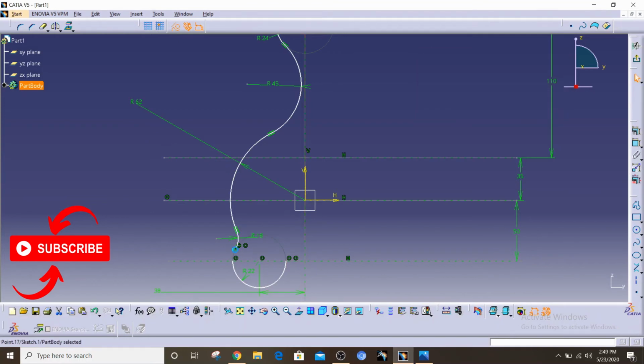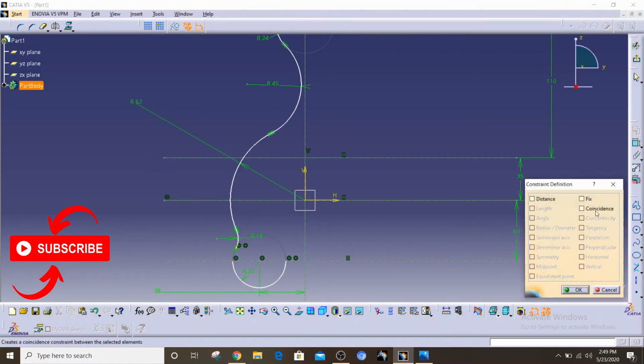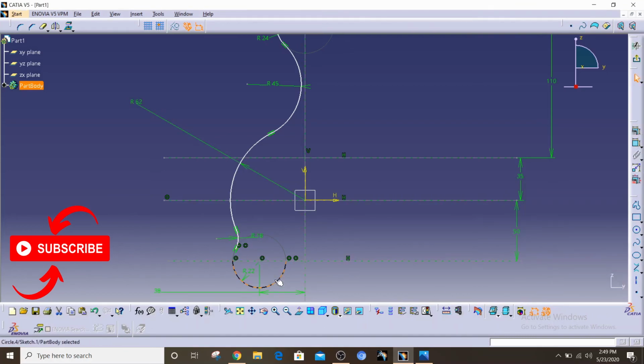Now I'm just gonna make these two coincident. I think that's gonna over constrain it. Yeah, right. Okay, so I'll just remove this first. Sorry, we are having some technical issues here.